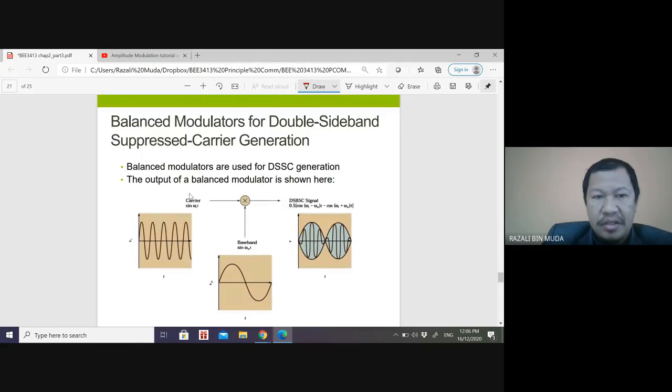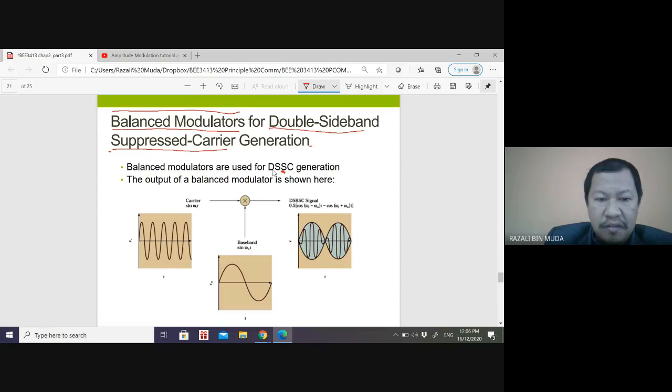So this is the balanced modulator for double sideband suppressed carrier generation. The balanced modulator is the component used to produce a suppressed carrier signal. The output of a balanced modulator is shown here.